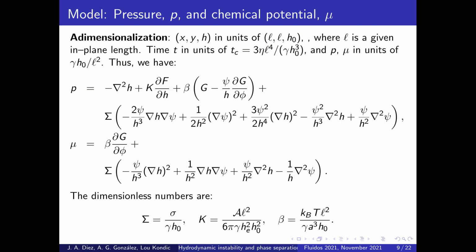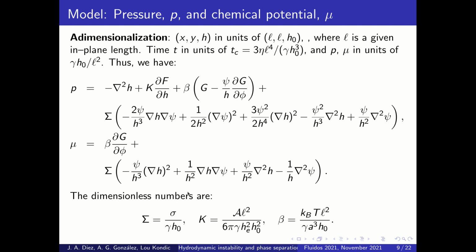In this equation, the pressure and chemical potential depend on h and psi according to these equations, where here we can distinguish the capillary pressure as the Laplacian of h, the disjoining pressure, the osmotic pressure, which comes from the Gibbs energy, and the part of the pressure which comes from the energy through the interface between the separated phases.